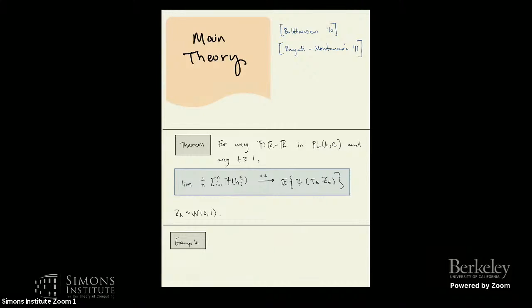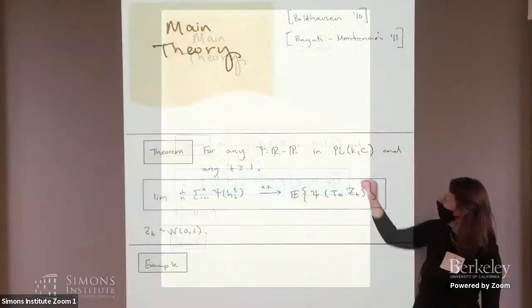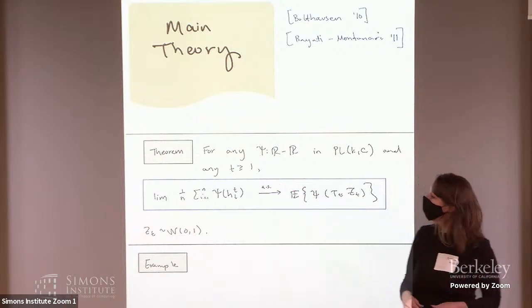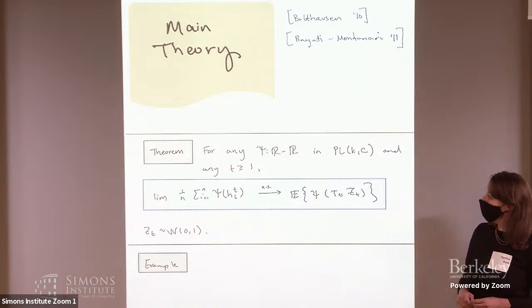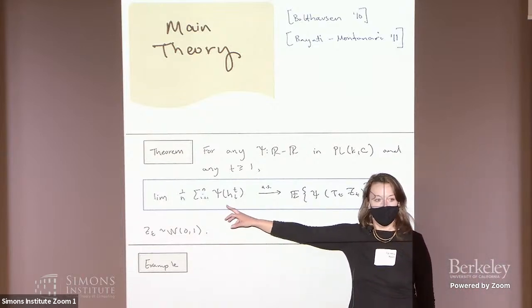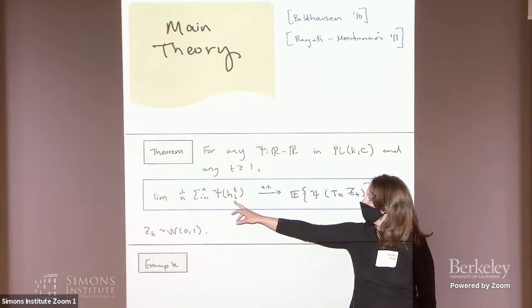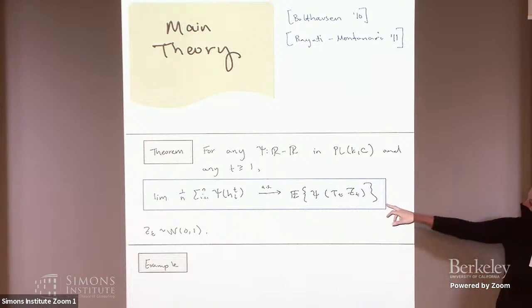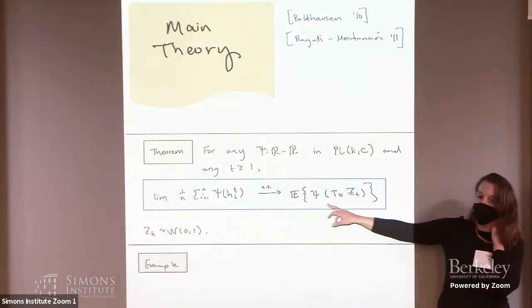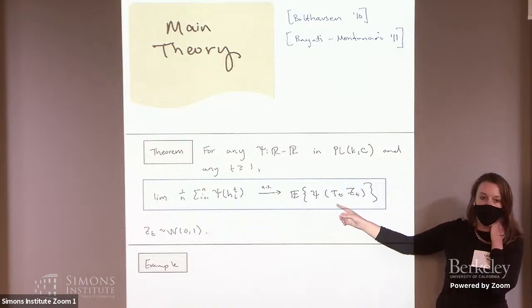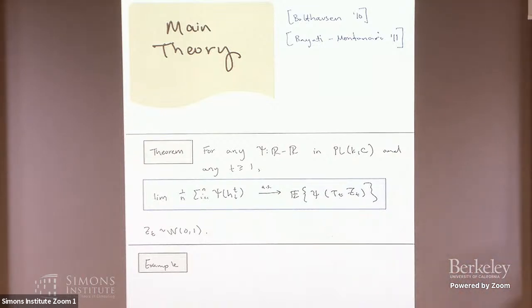This says for any pseudo-Lipschitz function psi of order k, for every iteration of our algorithm, the average of psi acting on the elements of the iterates converges to a deterministic limit that's an expectation with respect to these taus, which are determined by the state evolution.